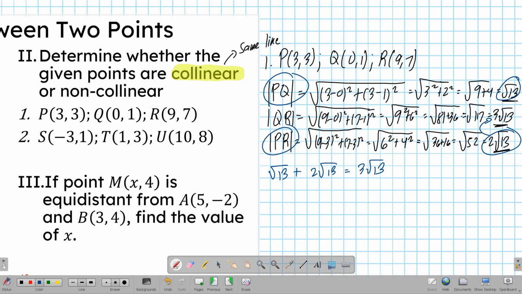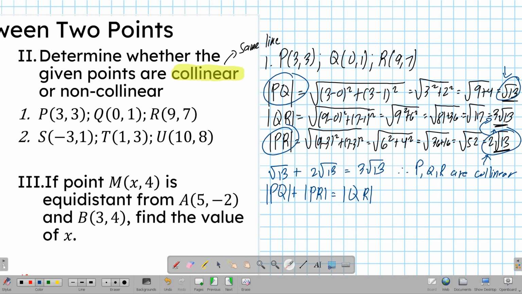Which goes without saying that the distance of PQ plus the distance of PR is equal to the distance of QR. What does this mean now? Therefore, this means that P, Q, and R are collinear, because the two line segments add up to the third one. So therefore, we say that these points are collinear.